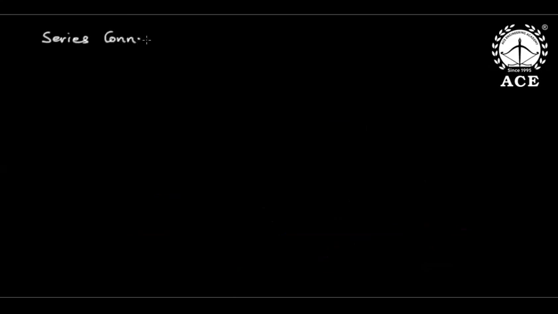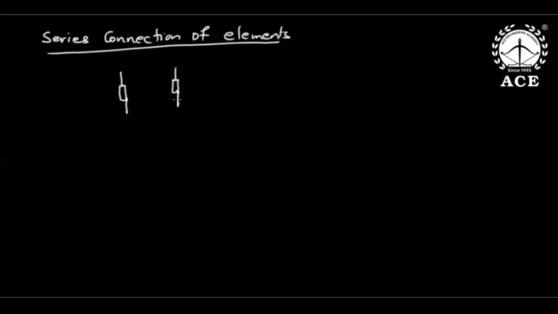Series connection of elements. Now you know what is the meaning of series connection. First of all, in series connection, suppose there are 2 elements. When can you say they are in series? When the output terminal of the first element is connected to the input terminal of the second element, it is called series connection.